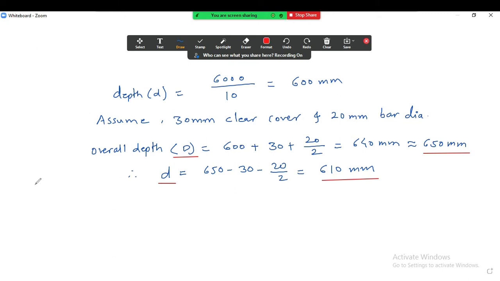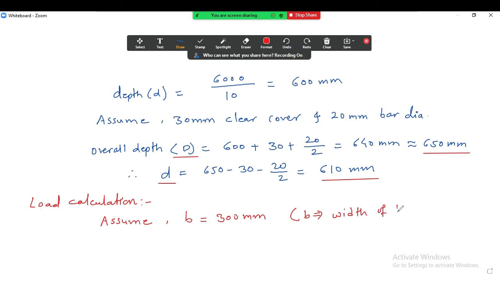Next thing is the load calculation. We don't know the width of the beam, so we will assume some width. Assume B is equal to 300 mm, where B is the width of the beam that we have assumed.